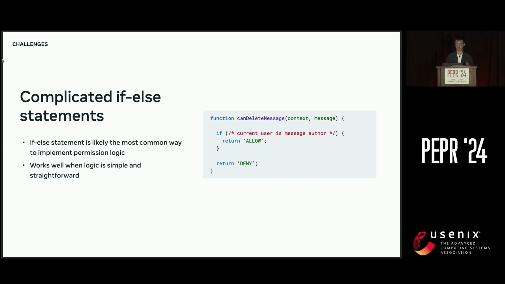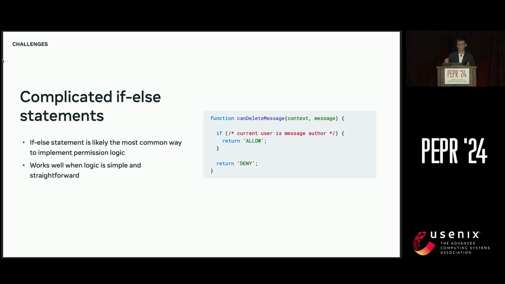It is very intuitive, very natural to implement permissions like this. For example, the logic is: can the user delete this message? People will implement, if the user is the author of the message, they can delete it, otherwise they can't. So this kind of logic can be naturally expressed as an if-else statement.